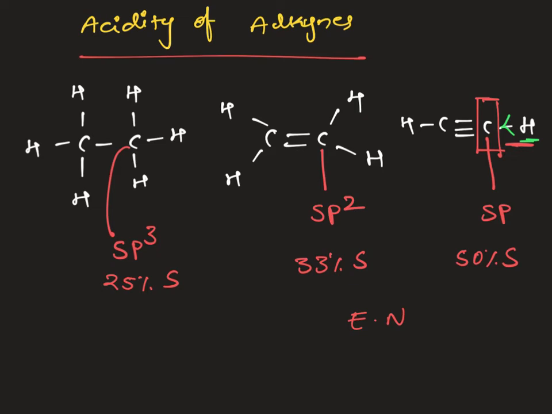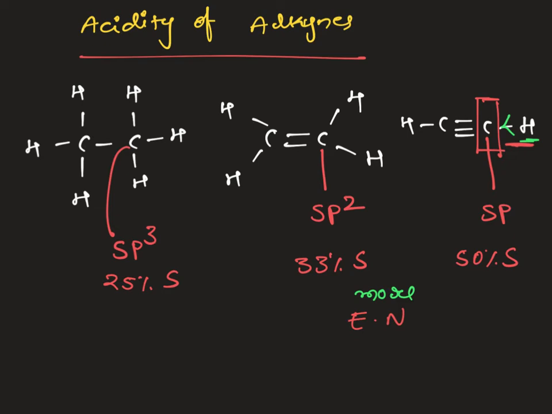So now in all these alkanes, alkenes and alkynes, we have to see which carbon is more electronegative. From the hybridization, how can we predict which carbon is more electronegative?